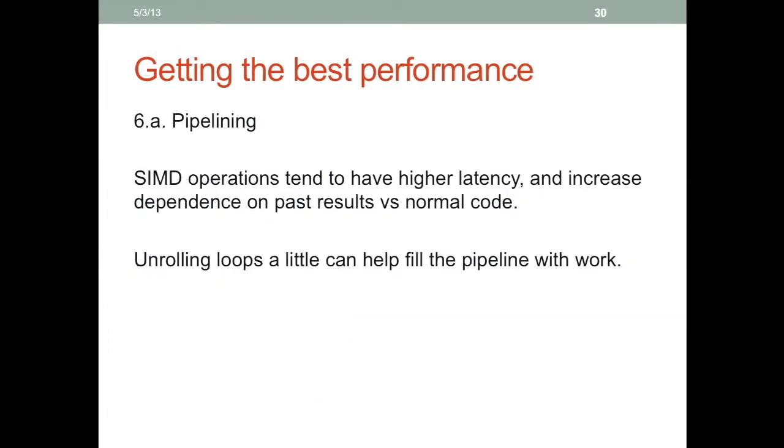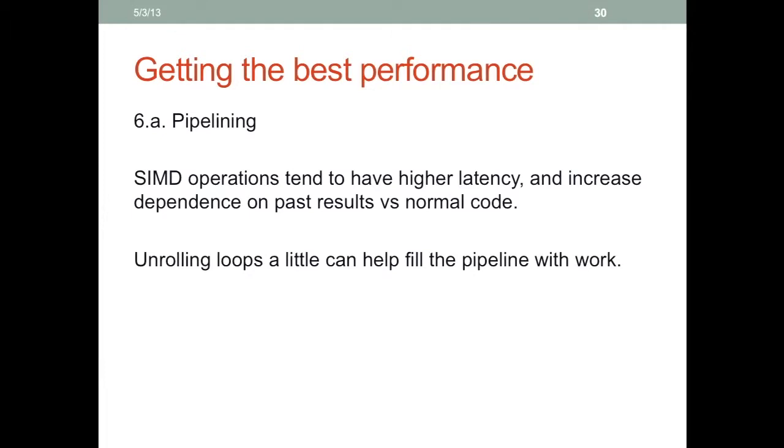Now, this is starting to get pretty low level, but I'll talk about it anyway, because this is where almost all algorithms get stuck. You need to pay pretty careful attention to your pipelining. The SIMD operations do tend to have a high latency, often slightly higher than the scalar operations. As a result, if your operations are heavily dependent on the results of the previous one, you may see slower performance using SIMD than if you used just scalars directly.